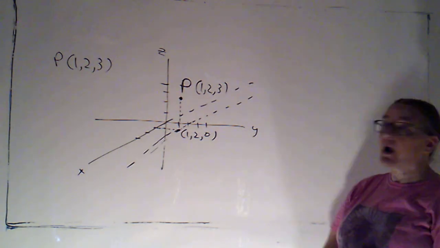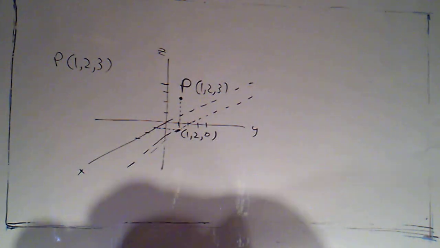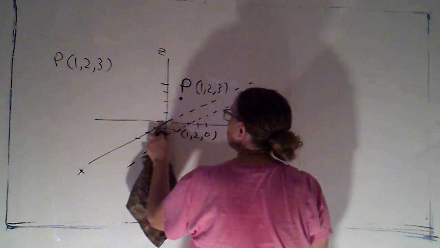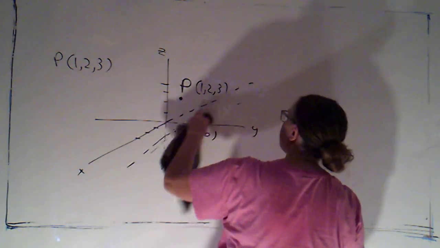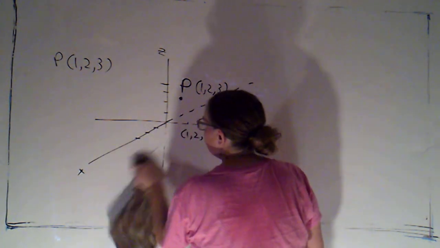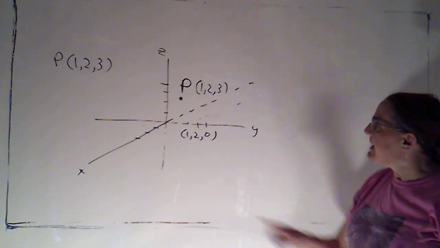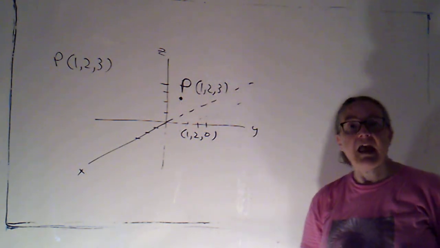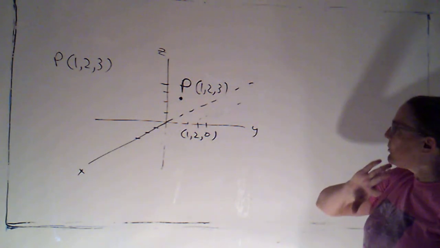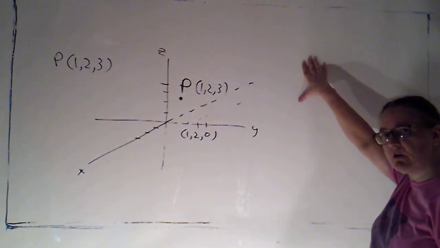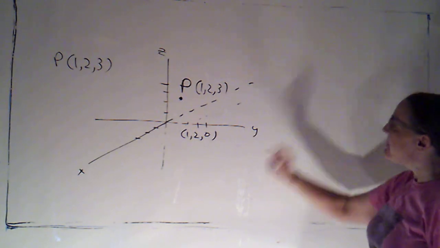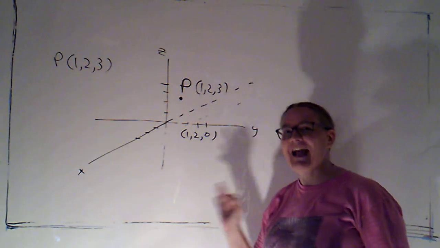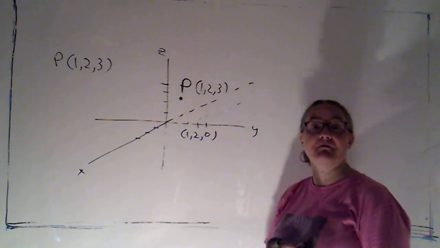If I didn't draw those in, and if I just had the point P, without all of this extraneous stuff here to indicate how I got there, it would not be at all obvious that that point was 1, 2, 3. And that's because when we're graphing 3 space on a 2-dimensional whiteboard like this, there are infinitely many points that I would accurately plot at exactly that location, even though they're different points.